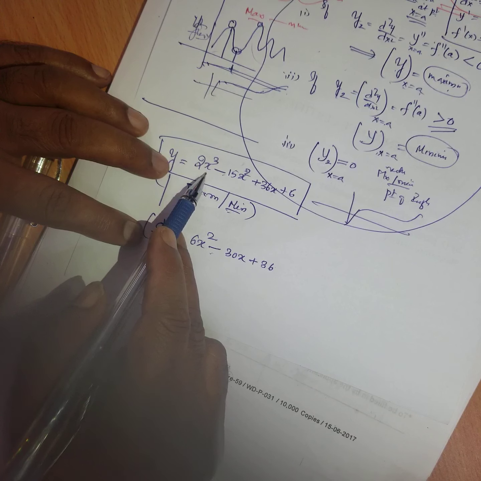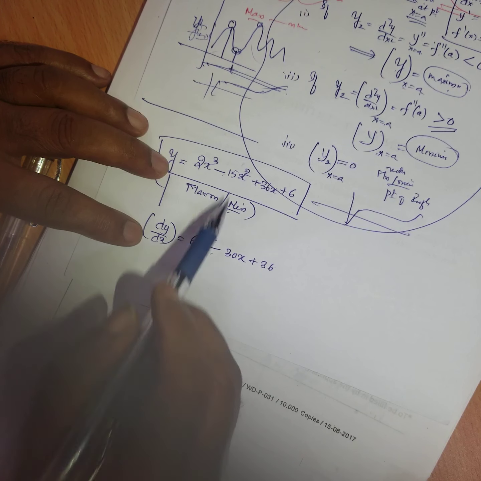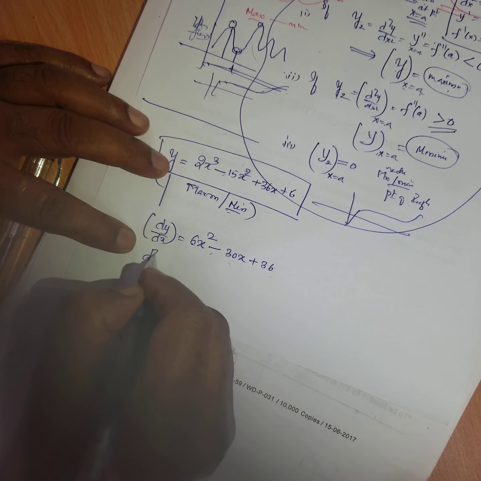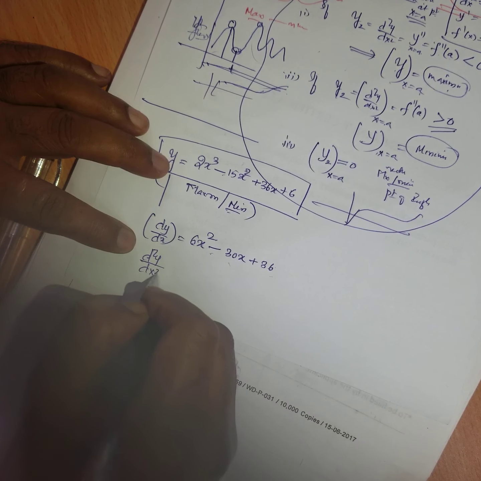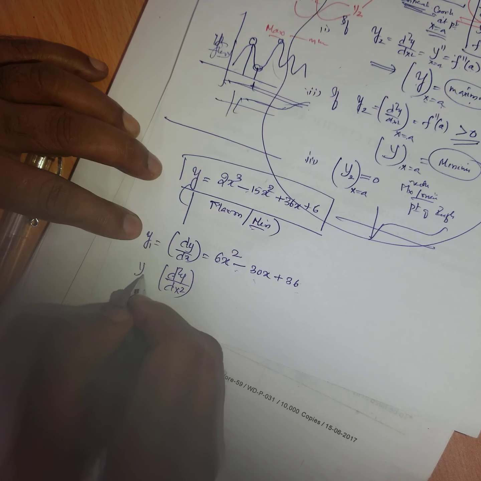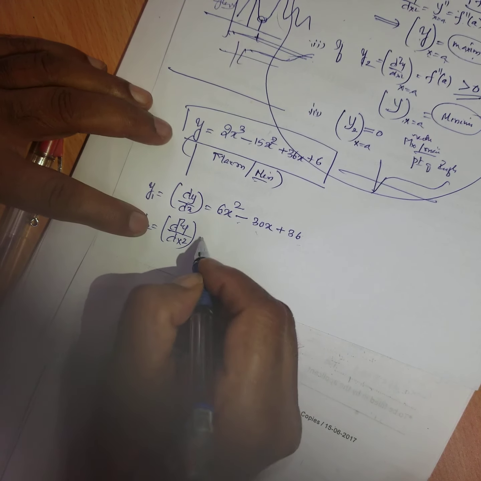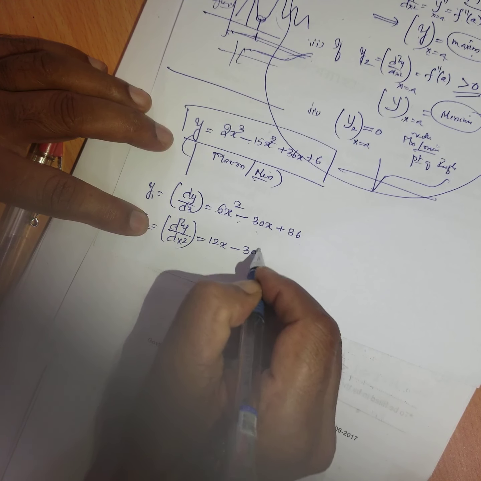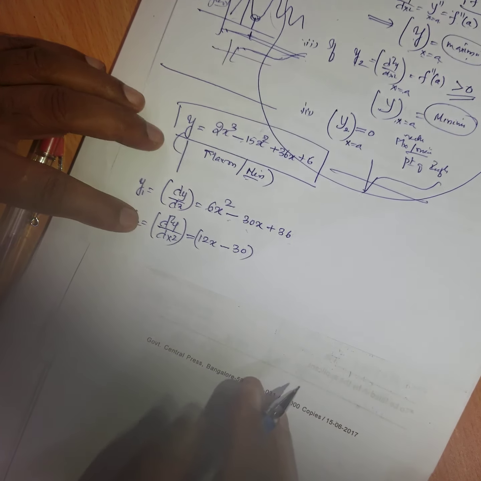Right? So dy over dx is 6x square minus 30x plus 36, and now the second derivative d square y by dx square. Differentiate again. This is y1, this is y2. So the second derivative is 6 twos are 12x minus 30 plus 0.